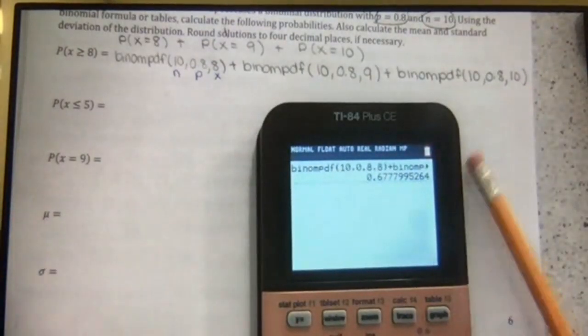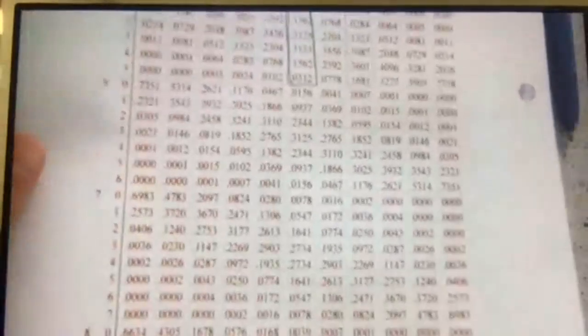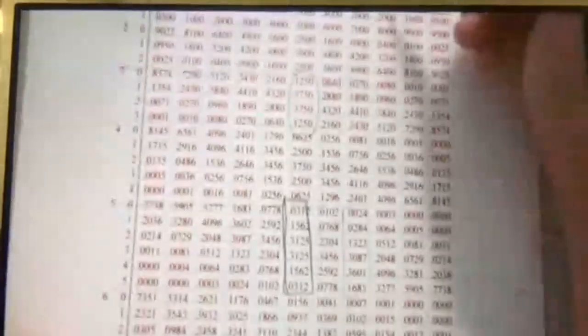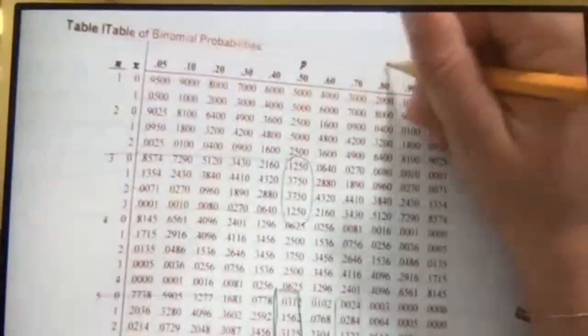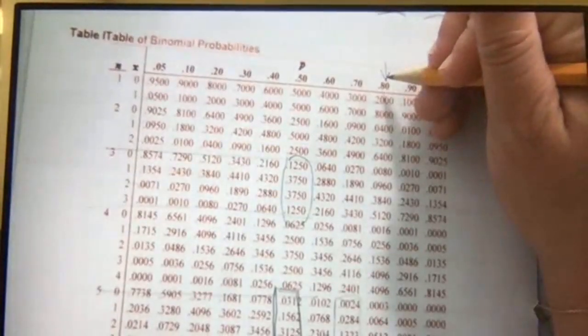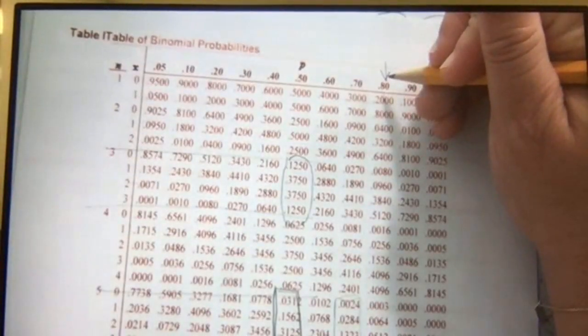I'm going to not write that down because I want to show you if you do it on the table. So pulling up our table, I'm going to use this one. It's the same thing, it's just not stapled. Our p-value is 0.8, so I know I'm going to be looking at this column. Our n value is going to be 10.